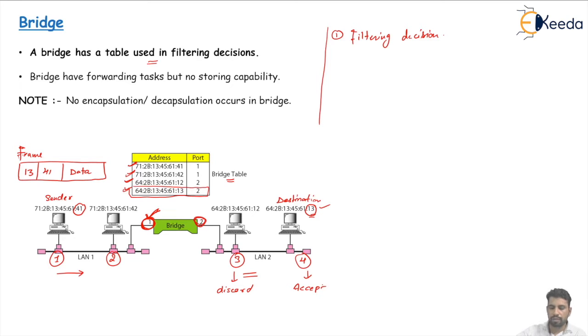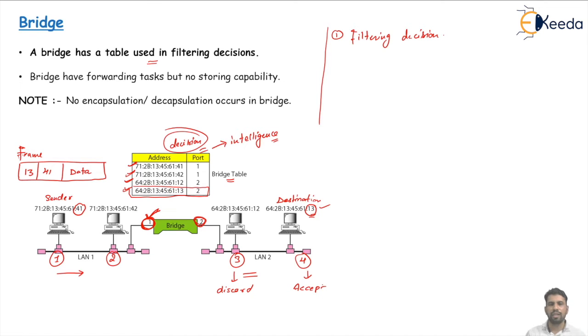This way, our bridge makes communication possible with the help of physical addresses, or you can say the data link layer addresses. Decisions are taken on the basis of this lookup table, or you can say the bridge table. Here we use some type of intelligence.